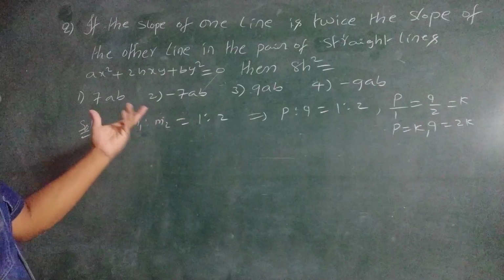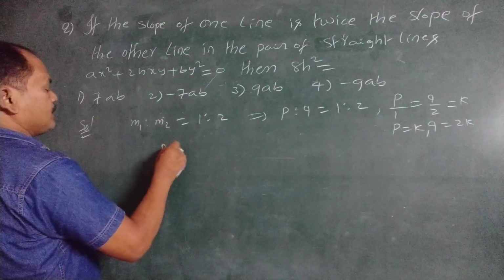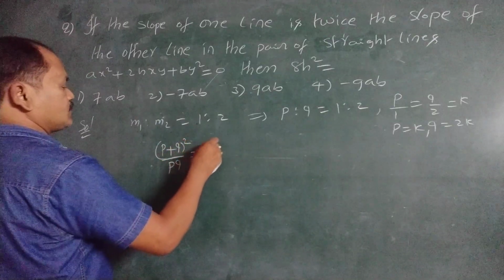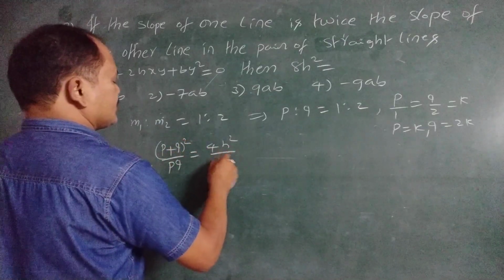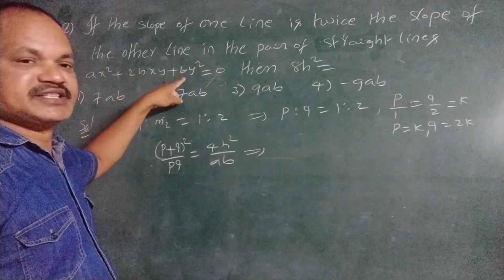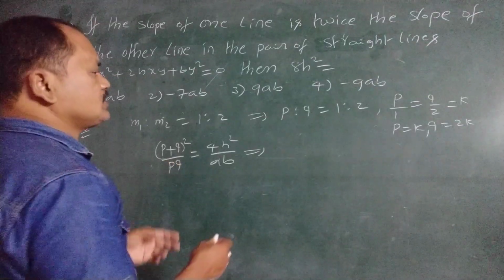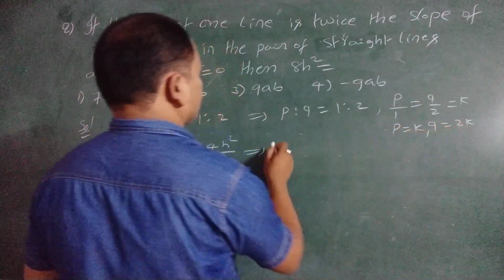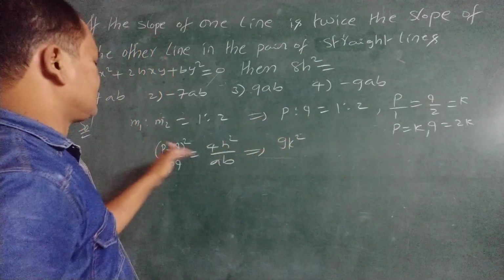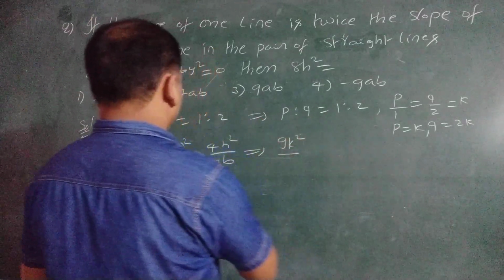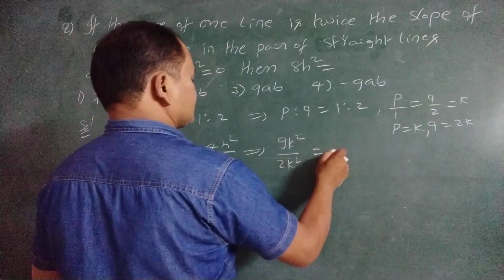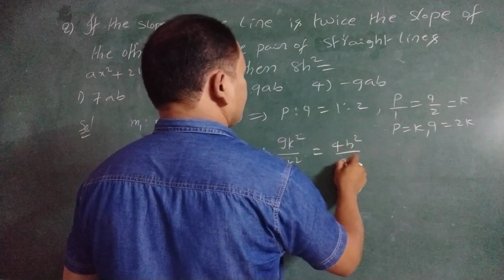Now what is the formula? (p plus q) whole square by pq is equal to 4h square by ab. Now from the given equation, a is a, b is b, h is h. We have to substitute here: k plus 2k, 3k whole square is 9k square by the product pq, that is 2k square, is equal to 4h square by ab.